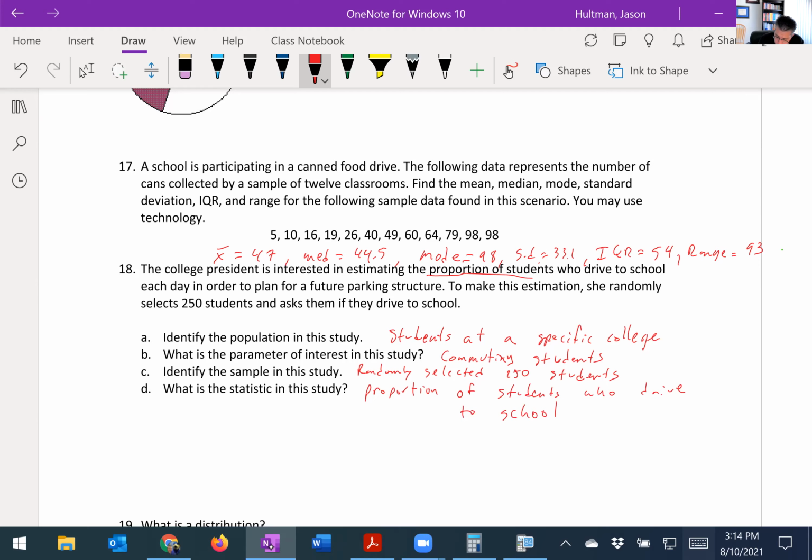And this would really be the proportion of students out of the 250. Okay, we would say that there's a certain number of students X out of 250 that drive to school, and that would be our statistic. This would be our sample proportion.